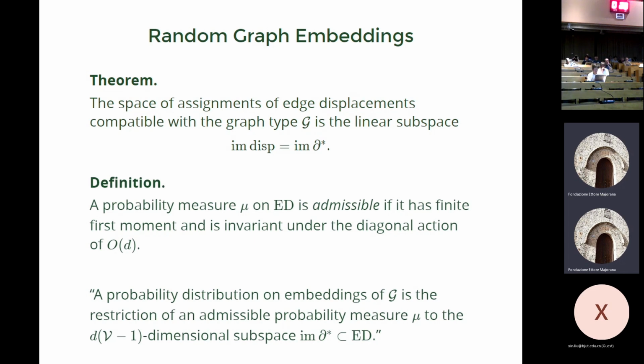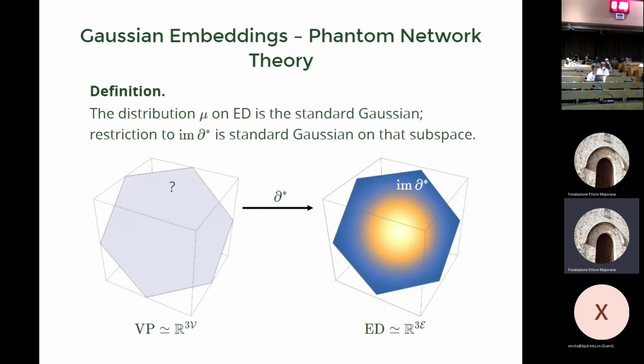All right, so first let's recapitulate phantom network theory from this perspective. Now I'm thinking of Gaussians. So the distribution on edge displacements is just standard Gaussian, right? When I restrict to this subspace, it's just a restriction of a Gaussian to a linear subspace, still Gaussian. Very easy to deal with. So it's a standard Gaussian on this subspace.